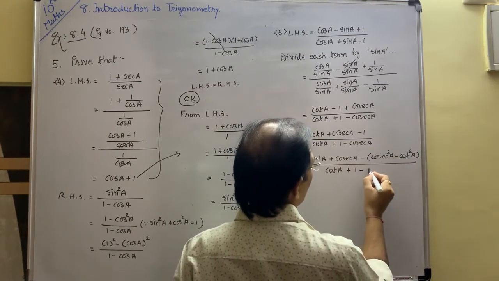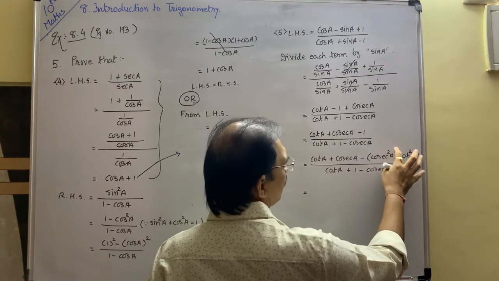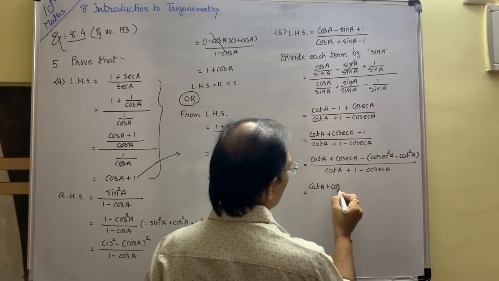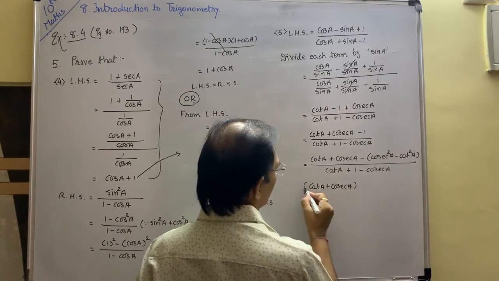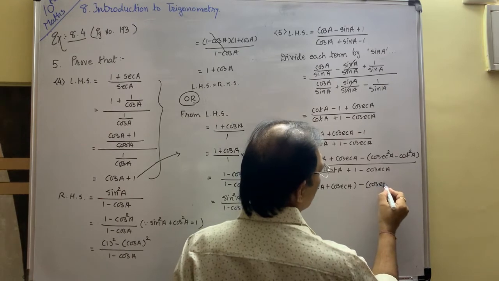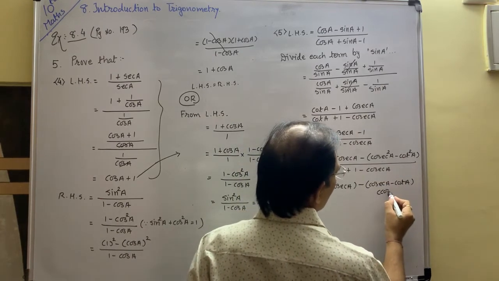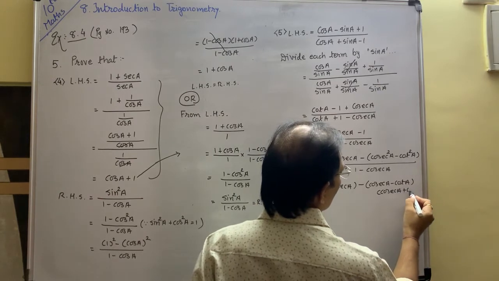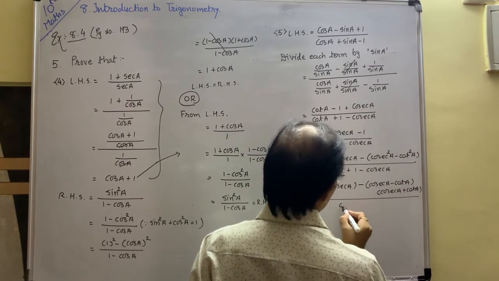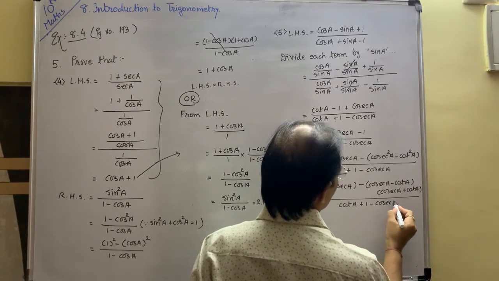Cot A plus 1 minus cosec A. Now see, factorize. A square minus B square. Cot A plus cosec A minus A square minus B square, that is A minus B, cosec minus cot, into another bracket A plus B, cosec plus cot, upon cot A plus 1 minus cosec A.